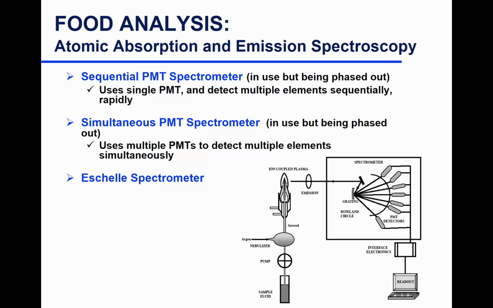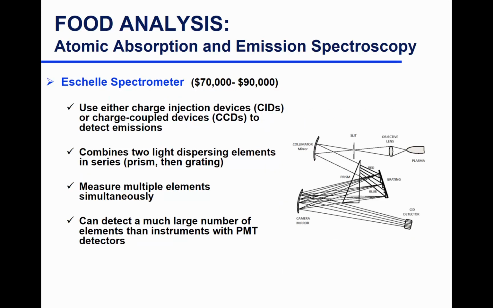The ISHO spectrometer is really a high-end detector for ICP, and it basically has either a charge injection detector or charge coupled device, which I'm not going to go into the difference between these, but the idea is your light gets diffracted using a prism and also using a grating system, and then all of the different wavelengths reach the detector simultaneously, so you can get detection of a large number of elements simultaneously.